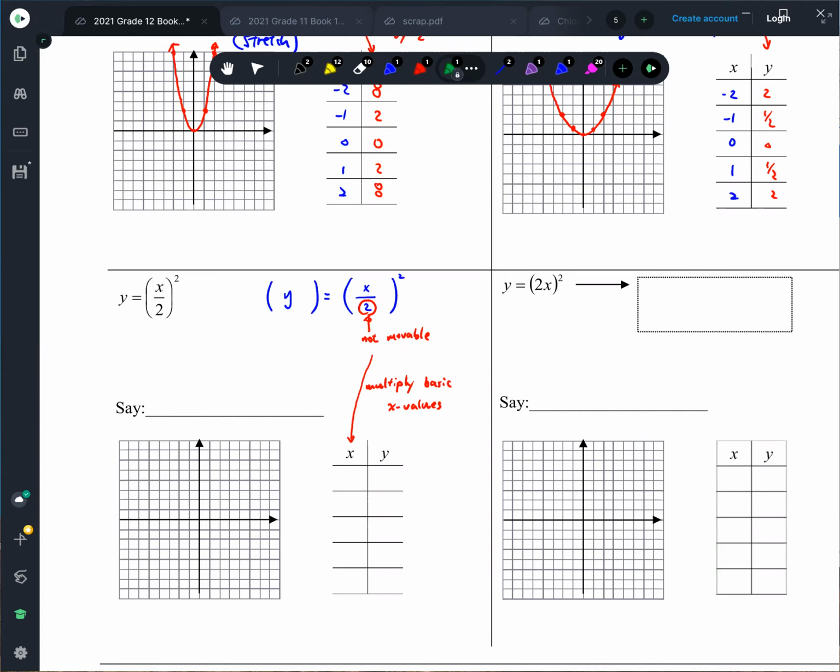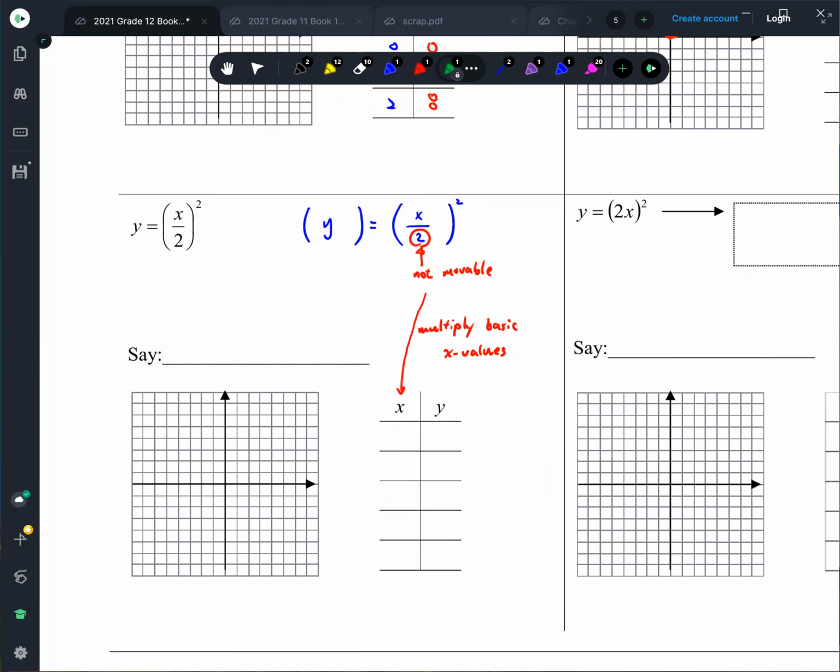Okay, Caleb, how do you get the x values? Oh, I'm still working on it. Give me a second. Okay, let me know when you have the answer. So Caleb, do you know what to do?